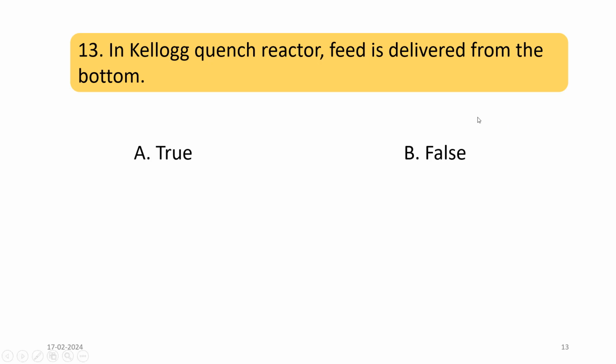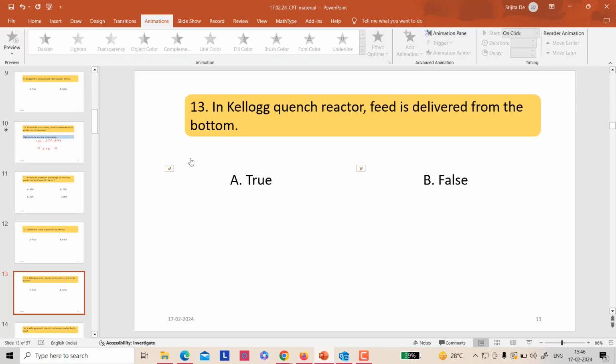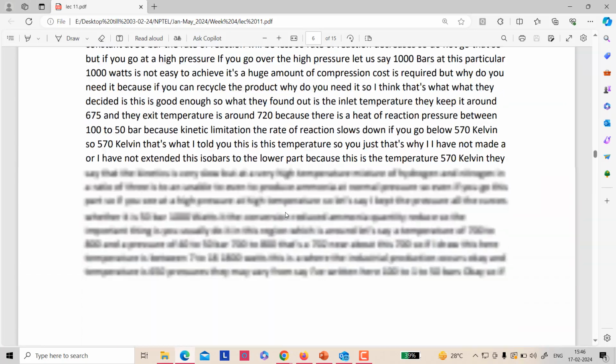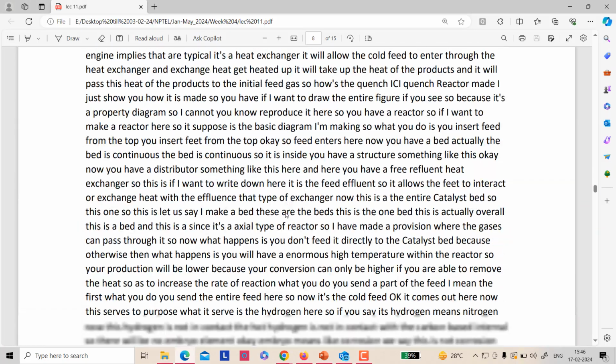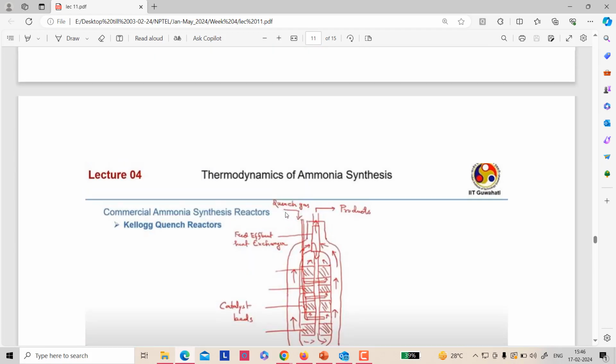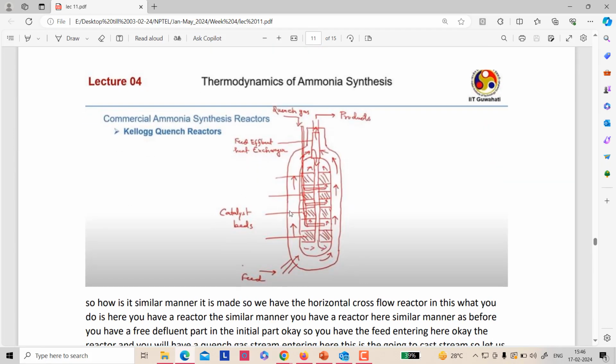So here the answer is true, because if you remember the diagram of the Kellogg's quench reactor, I'm showing. So this is the Kellogg's quench reactor diagram. So you can see that feed is supplied from the bottom.